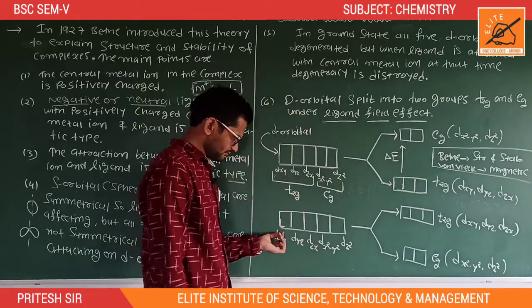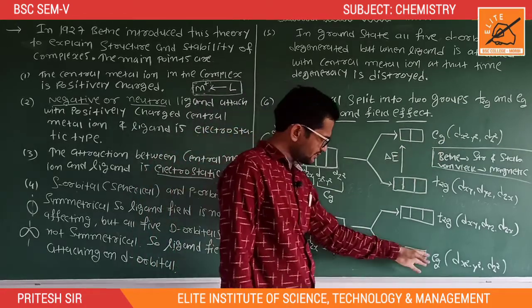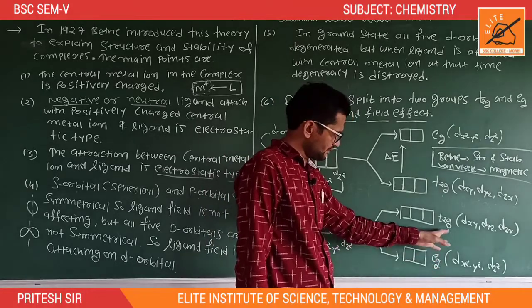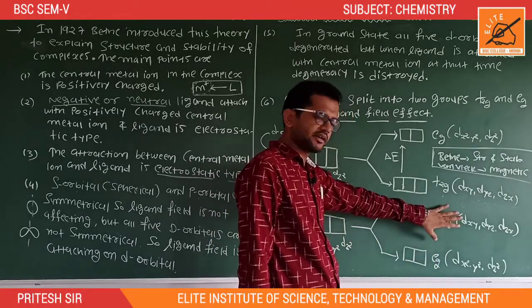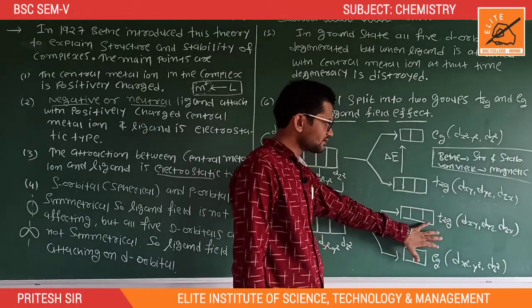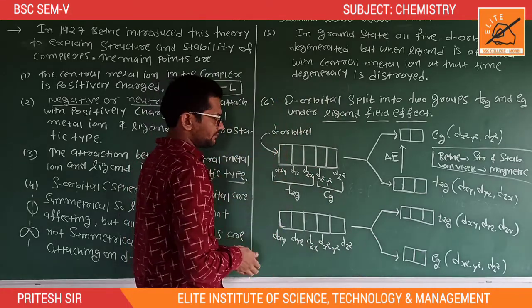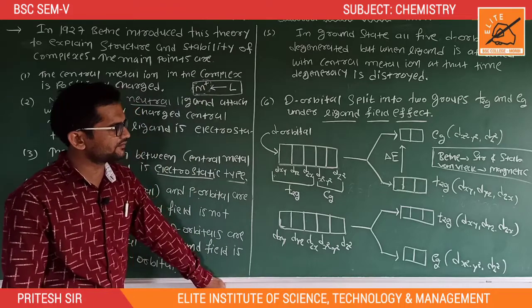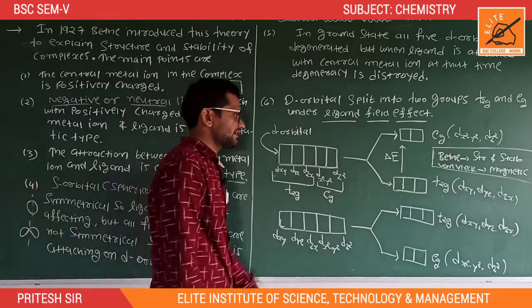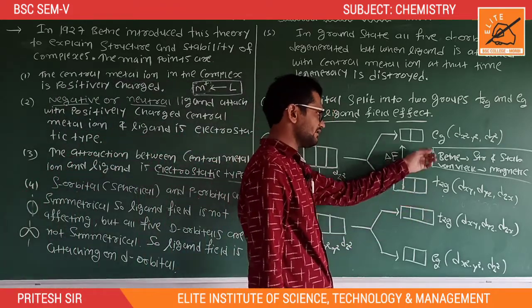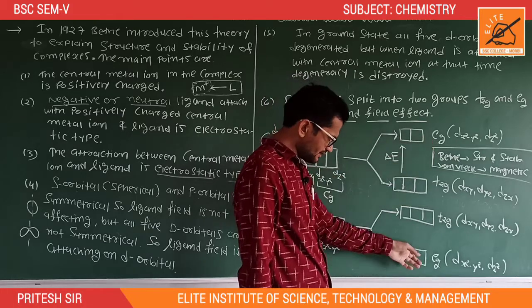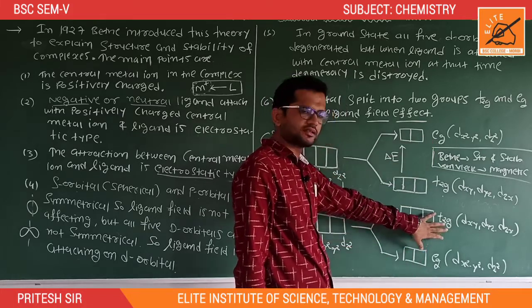Here also eg is at the ground state and t2g is at the upper side of the splitting. So the d orbital is further split into two groups: first one is t2g and second one is eg. In one case t2g is downside and eg is upper side. In the other, eg is downside and t2g is upper side.